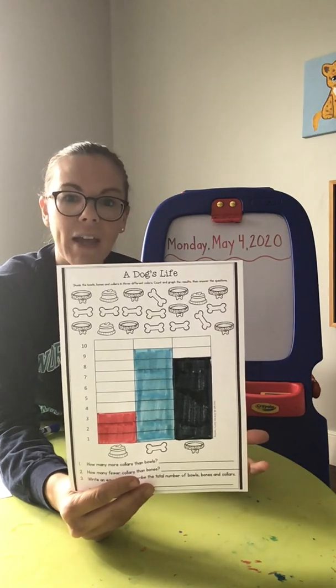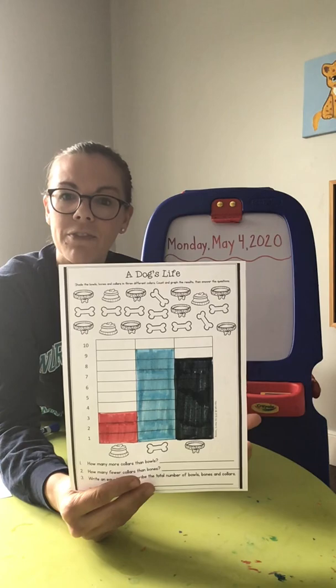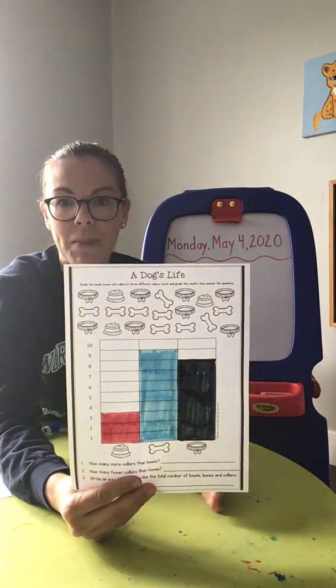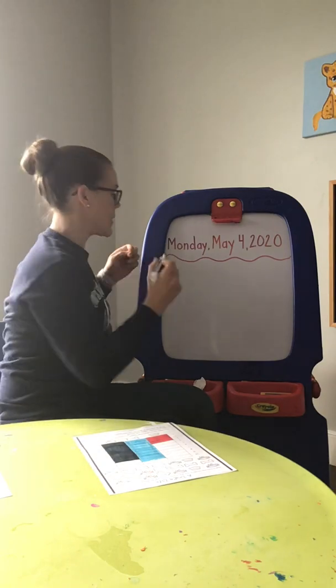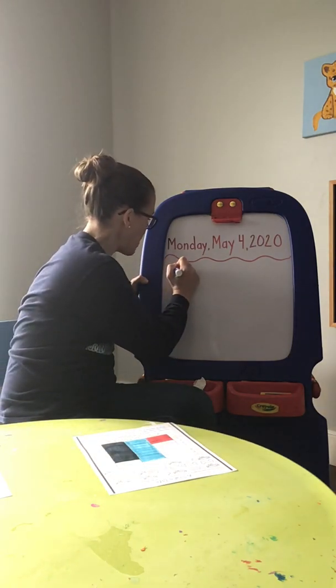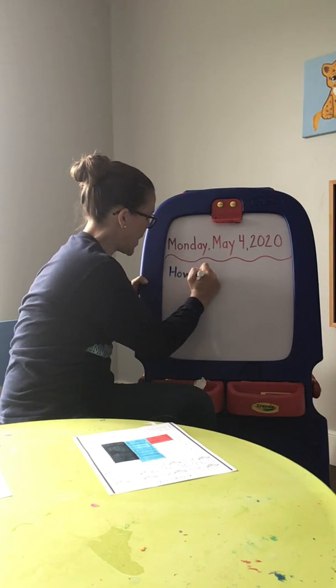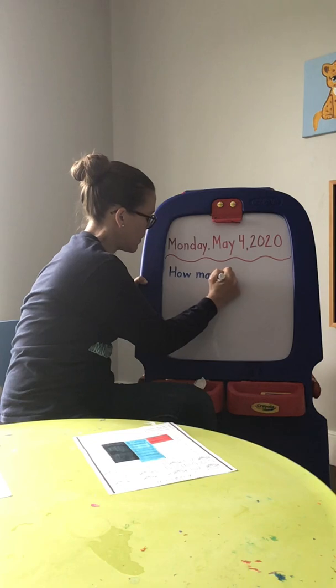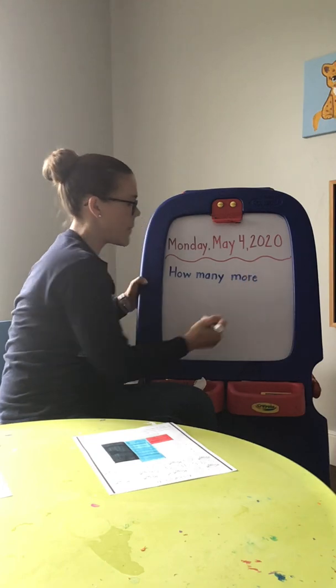Today we're going to look at when we're asked to compare the amount of different items in our graph. So, for example, sometimes I might be asked, how many more?